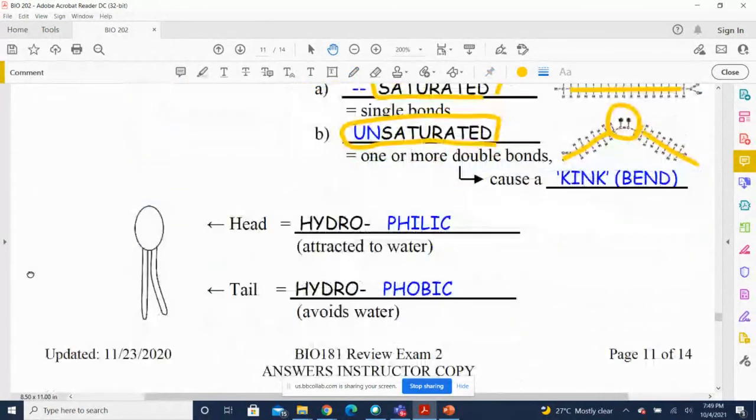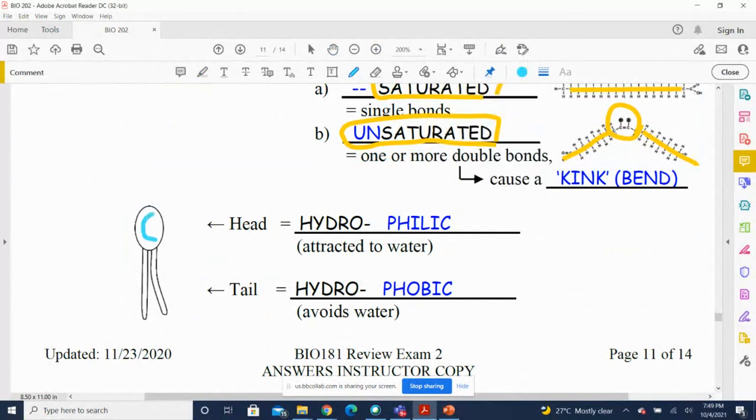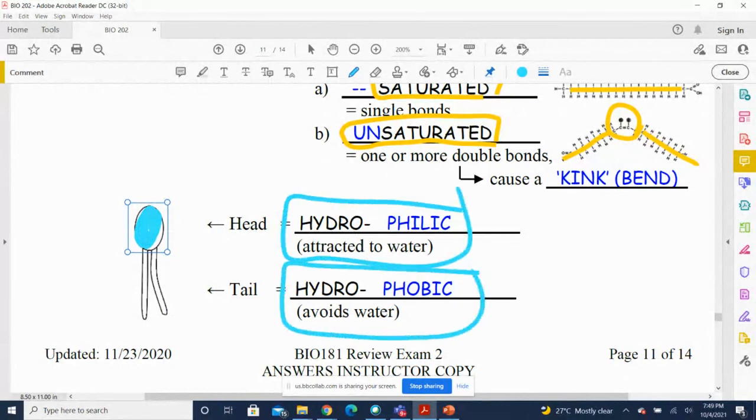I mentioned the head and tail, so this is going to be more of a recap. Remember, head parts were attracted to the water, so hydrophilic, whereas the tails were hydrophobic, avoided the water.